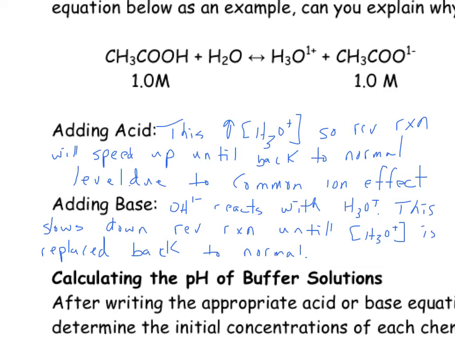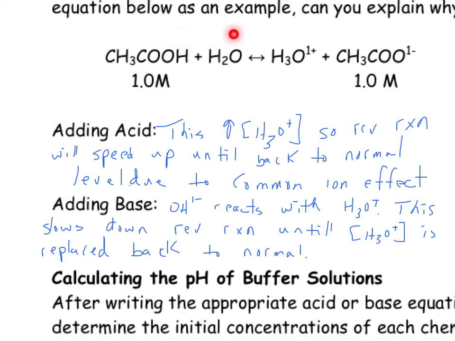Now, a buffer can only absorb so much base or acid. Let's take adding base as an example as to why there is a limit. If you continue to add OH minus ions, that will continually remove the H3O plus, slowing down the reverse reaction.